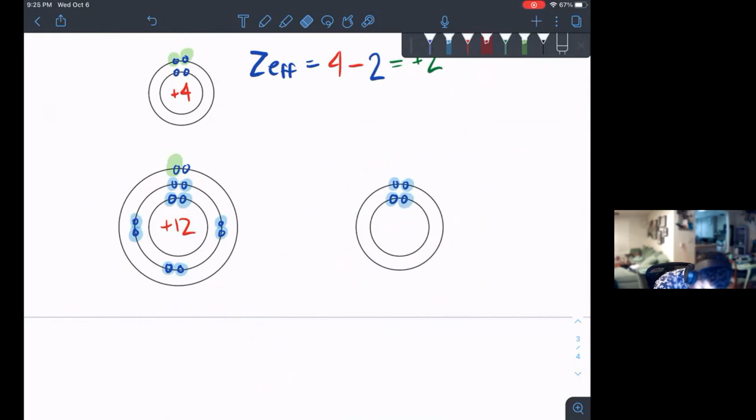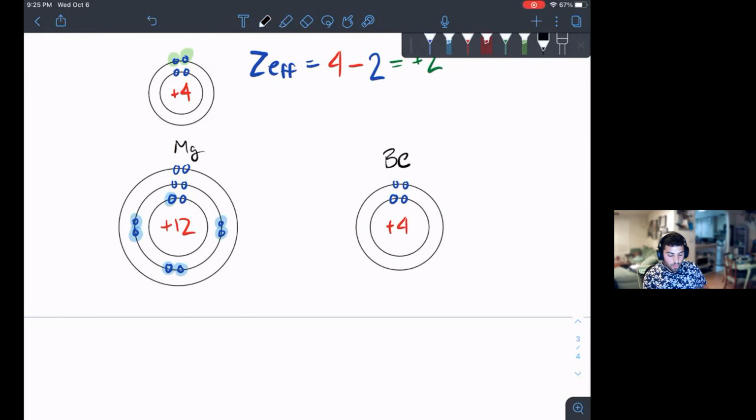Y'all get the point. I'm not going to erase all that. And I'm going to make this one beryllium.